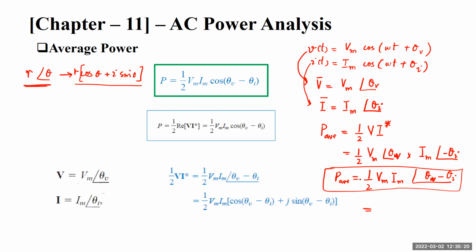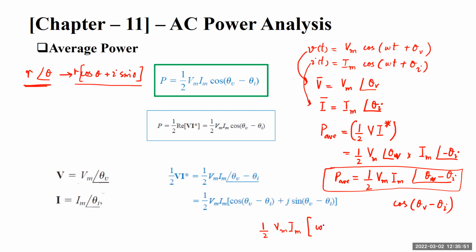So this is not exactly the average power, because remember, average power basically comes with a cos of theta v minus theta I. But if we are just simply multiplying these two entities, this part will give us the polar form Vm Im angle of this.